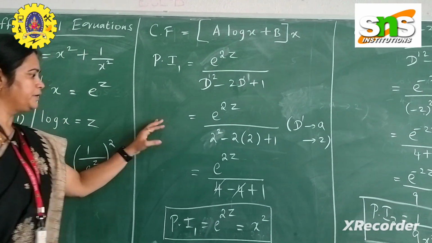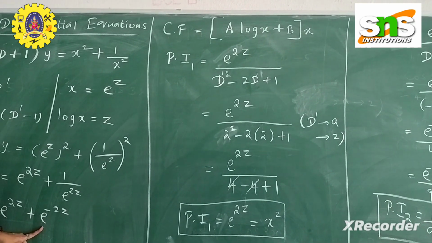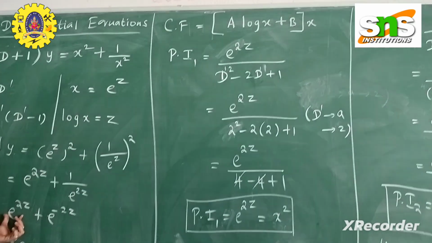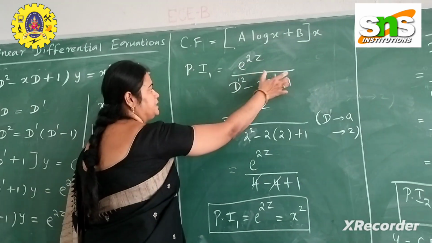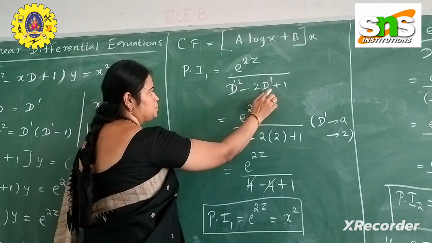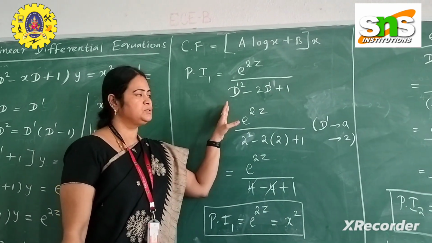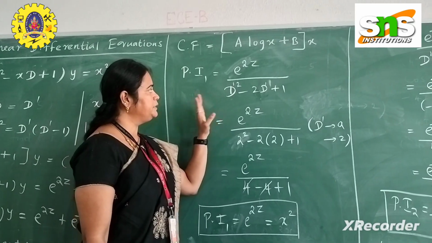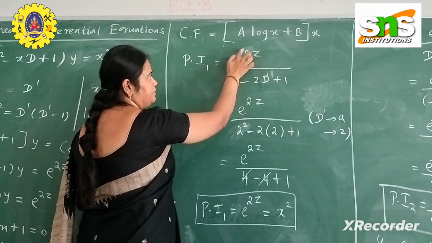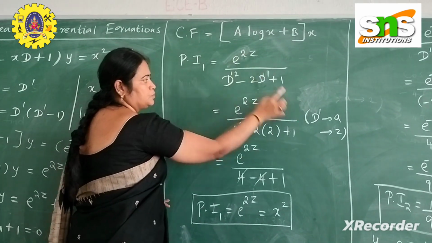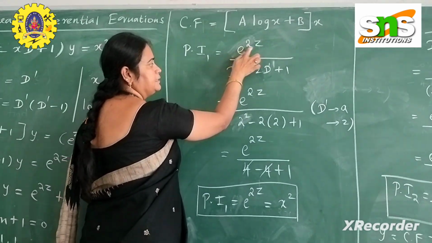Next, let us find the particular integral. Here we have two functions, e^(2z) and e^(−2z). First let us find for e^(2z). That is particular integral 1 is nothing but e^(2z) divided by (D'² − 2D' + 1). This comes under type 1. In type 1, we have to replace D' by a, where our a is nothing but 2.